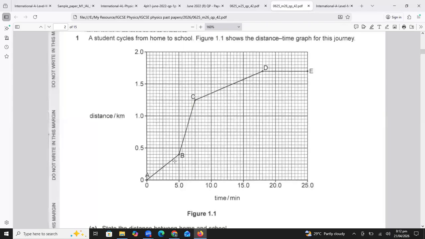So to calculate the speed, beta, we will use the formula of gradient. And what is the formula of gradient? Formula of gradient is equals to rise over run. All right. So to calculate this gradient, beta, we have to take the initial time and initial speed, and we have to take the final time and final speed.